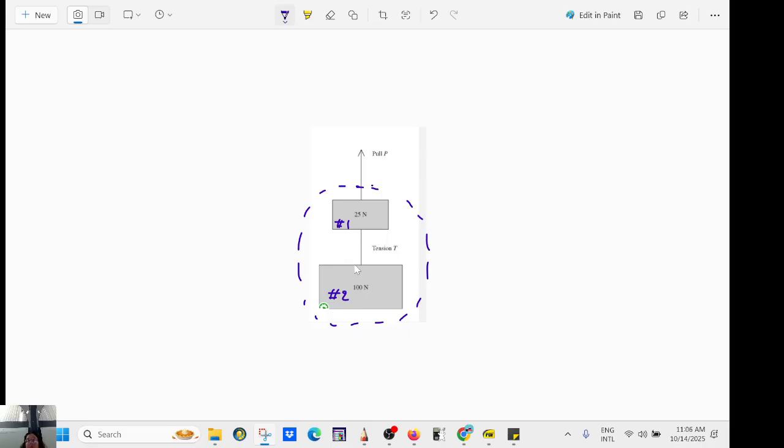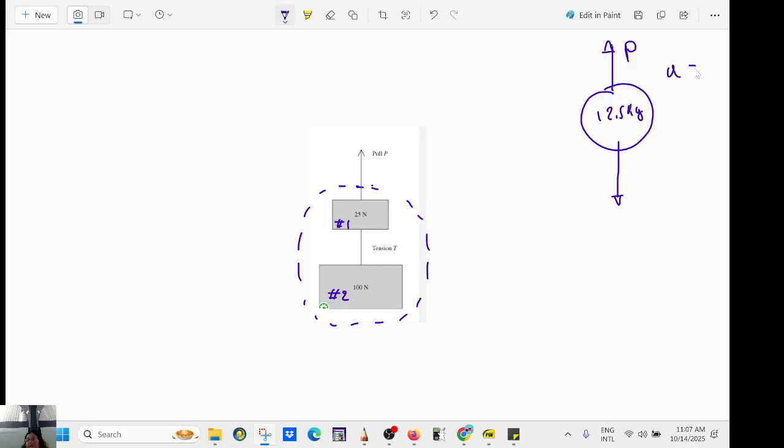You cannot open it up. If you focus on this system here, the whole thing, you're going to say, okay, I have a bag. My bag is 125 Newton, which is 12.5 kilogram, right? 100 plus 25 is 125 divided by 10. And it's being pulled up by some string. Maybe it's in equilibrium, or maybe it has a constant velocity, so no acceleration.